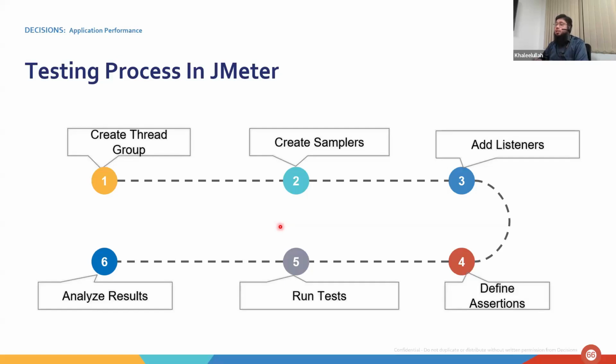So this is the process that you're going to follow for creating the test scripts in JMeter. Here and there, we will add some more elements. For example, if I have a bunch of values in CSV format and I want to use these as the inputs for my test, we can use some other elements. But these are some of the basic elements that are required for writing a proper JMeter test.